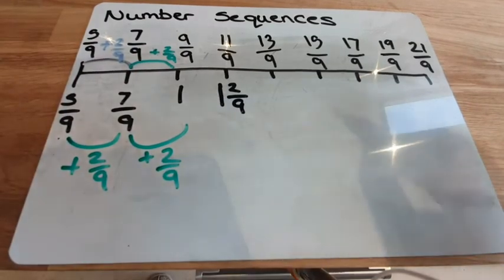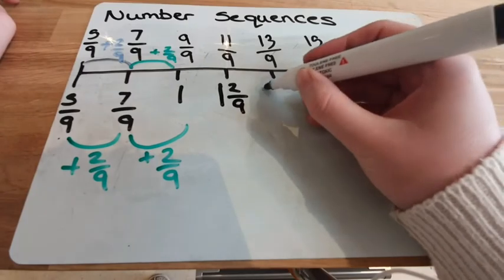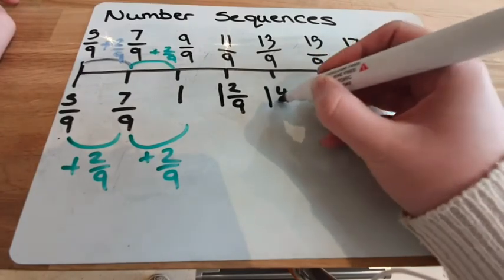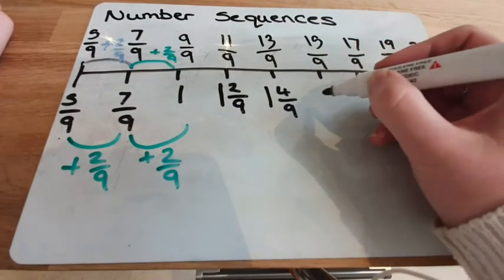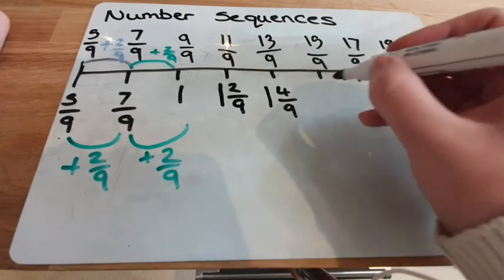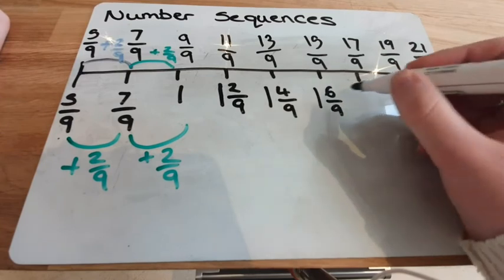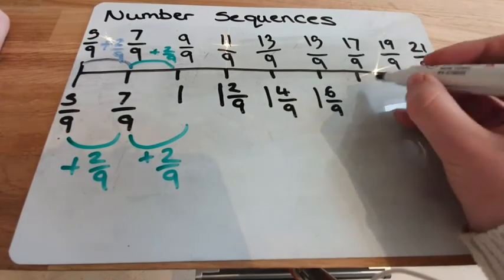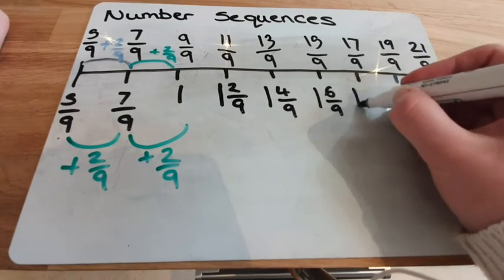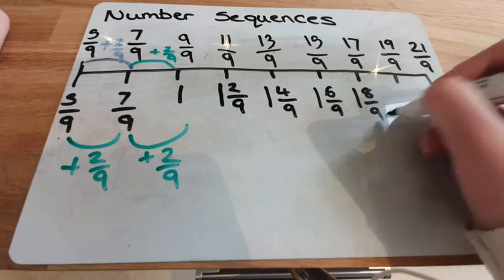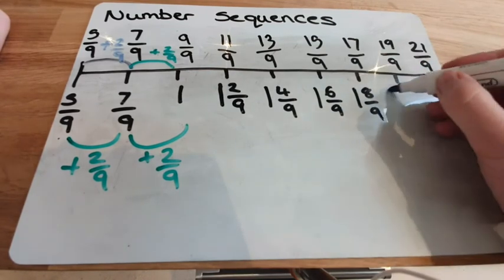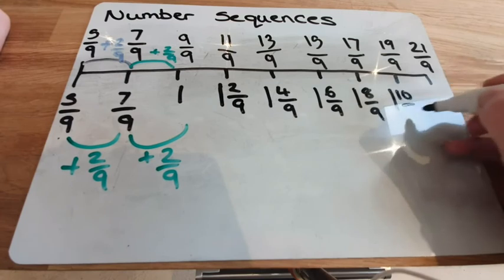So 1 and 2/9 add 2/9 is 1 and 4/9. 1 and 4/9 add 2 is 1 and 6/9. Add 2 again. We have 1 and 8/9. Then we add 2 again. We have 1 and 10/9.